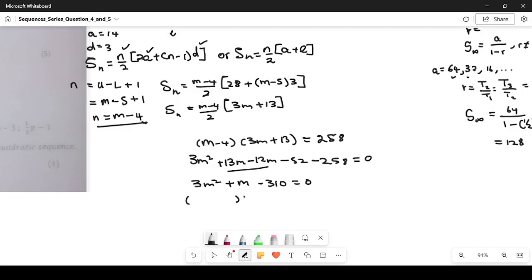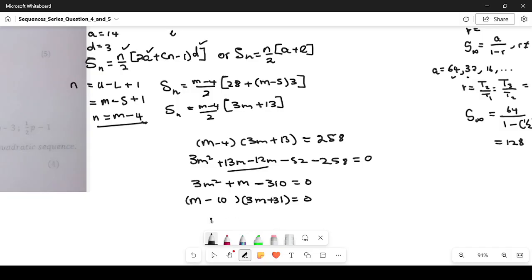Now I need to factorize this. For factors of 310, I'll just use my quadratic formula to find what my values of m are. Okay, my values of m, I'm getting m minus 10 and 3m plus 31.